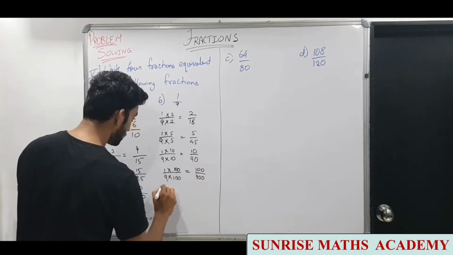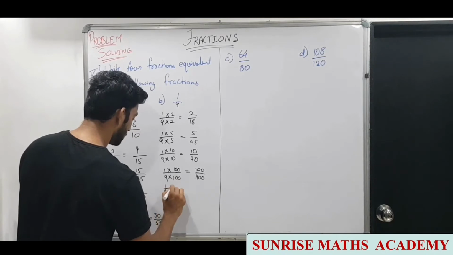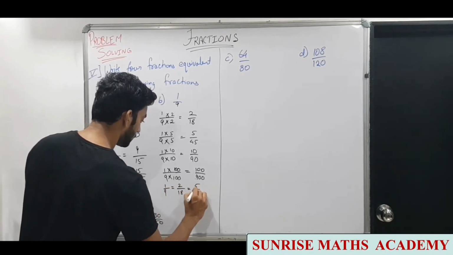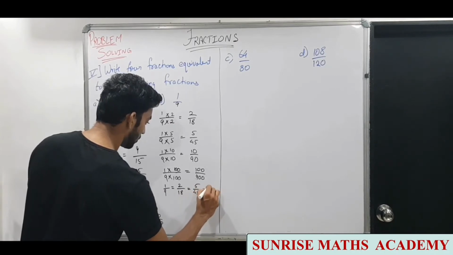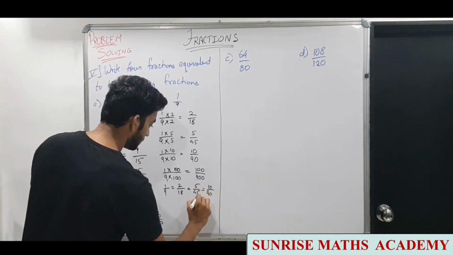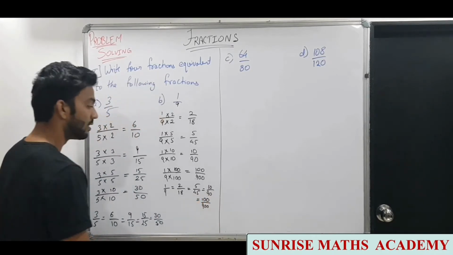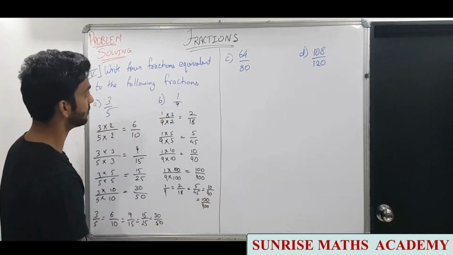So we get the fractions 1 upon 9 equals 2 upon 18 equals 5 upon 45 equals 10 upon 90 equals 100 upon 900. So these are the equivalent fractions.